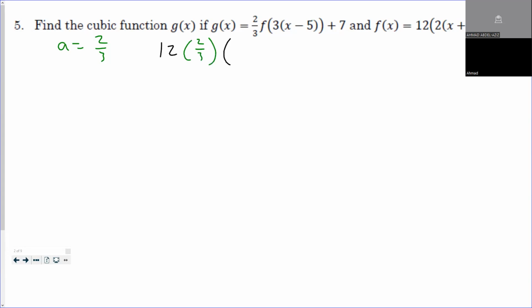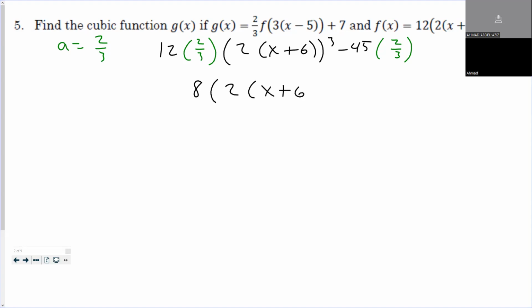And then I have the parentheses of 2 x plus 6 cubed minus 45. And that a is also going to apply to that 45. So 12 times 2/3 is going to be 8. Then you have 2 x plus 6 cubed minus 30. So that takes care of this 2/3 right here.